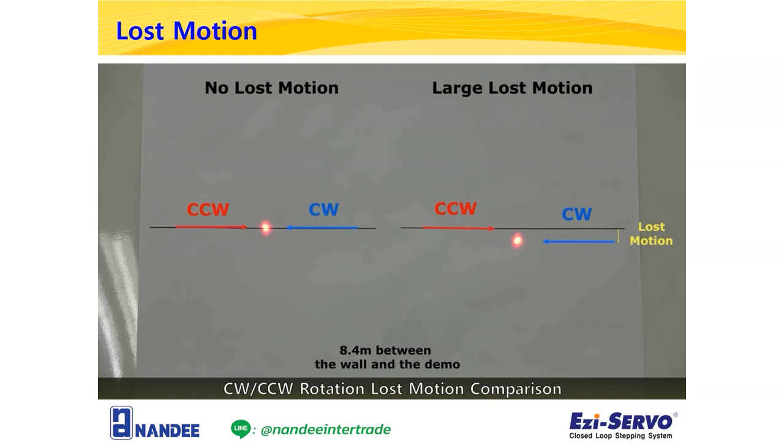If there is no lost motion, the motor returns to the target position without position error regardless of the direction. But if there is lost motion, the motor stops at different position depending on the rotation direction, resulting in position error. In other words, lost motion refers to the position error that occurs when the direction changes.